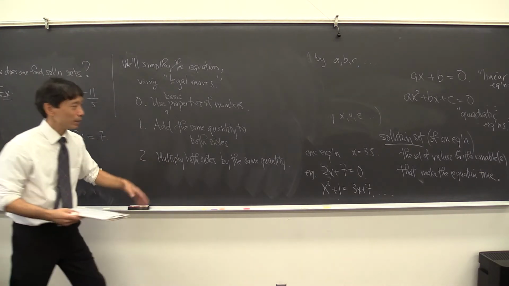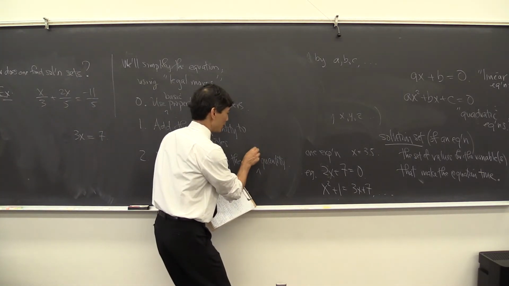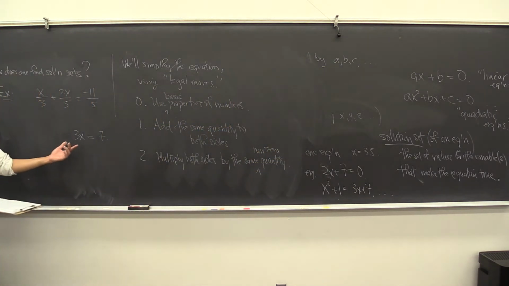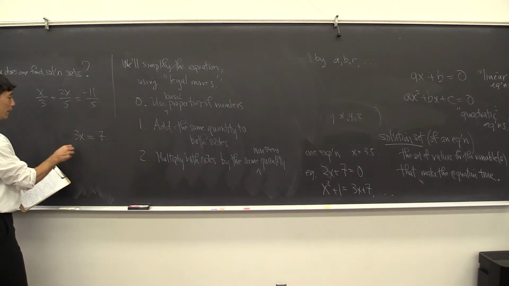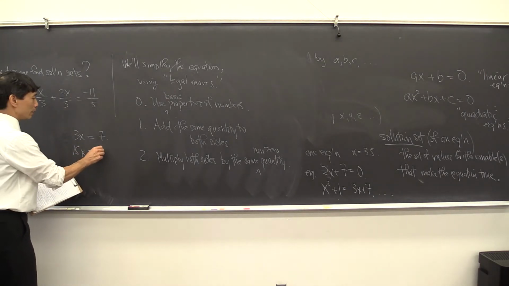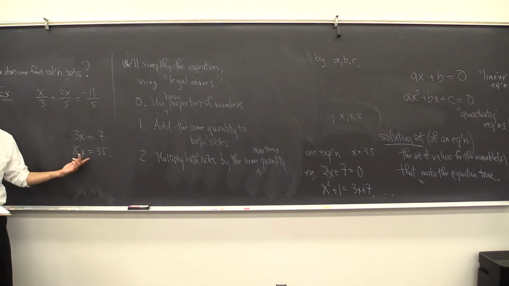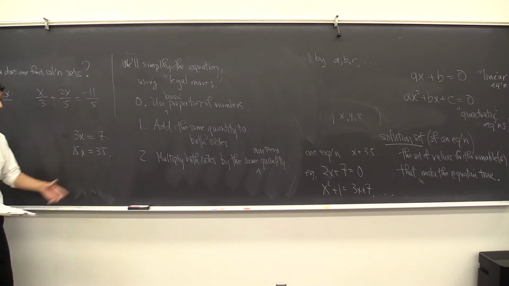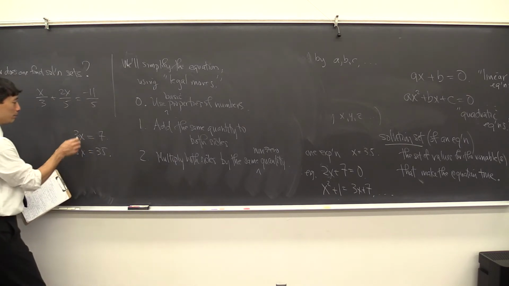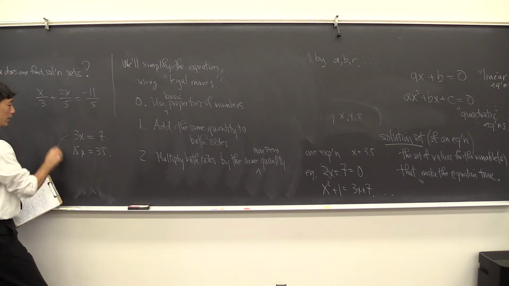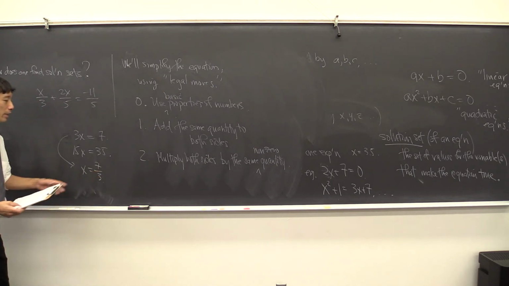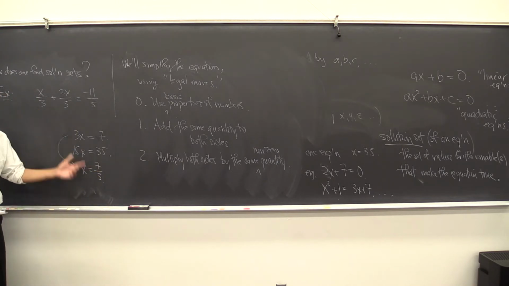This is actually true in general, except you have to be a little careful. It has to be non-zero. So if I multiply both sides by 5, say, 15x equals 35. The appearance of the equation has changed, but the solution set hasn't changed. If I multiply both sides by 1/3, I get x equals 7/3, and the solution set is still the same.